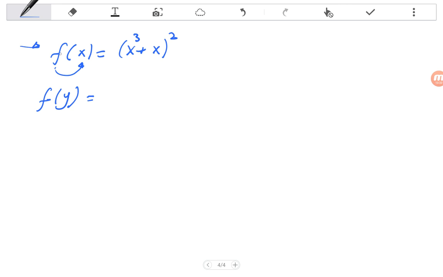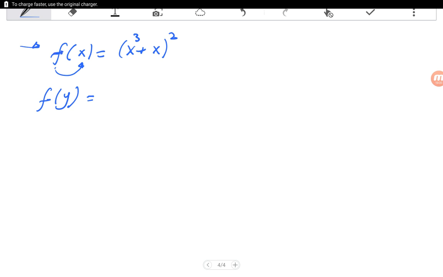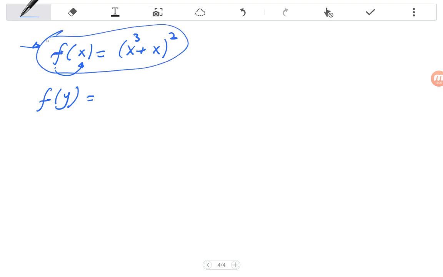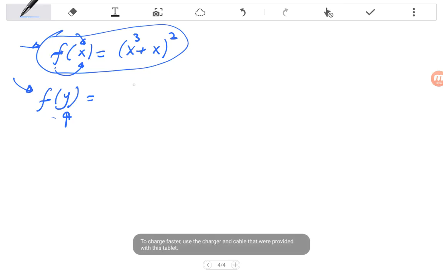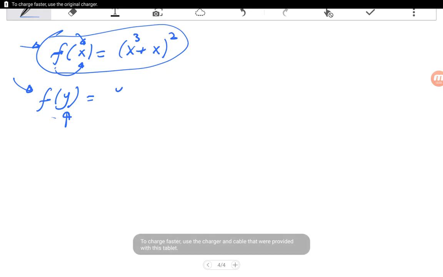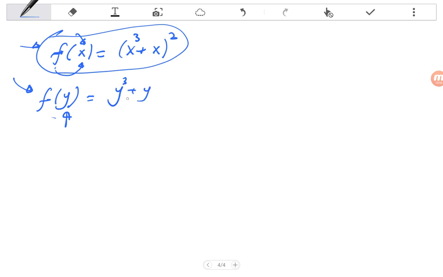So whenever I know this, I can determine this, because f operates on y in the same way; I just symbolize the input as x. So how would it operate on y? Just in the same way, and it will be y cubed plus y, all squared.